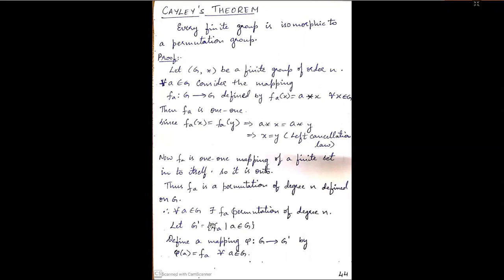So I have taken from G, formed these permutations f_a, and combined all of them and written it as G'.